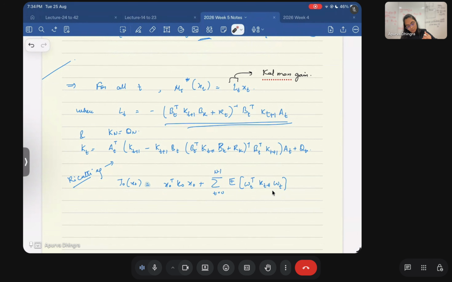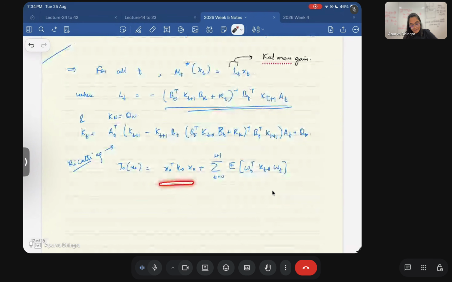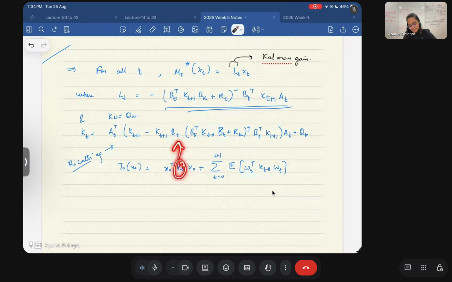And once you've gone through the whole process, the last time step would be the following. You will get x0 transpose K0 x0, and this K0 will be coming from this. So it will have back dependencies of all of these matrices and whatever their interactions are. See, Kt depends on Kt plus 1. That's what I mean by back tracing all of that. And all of these variances.